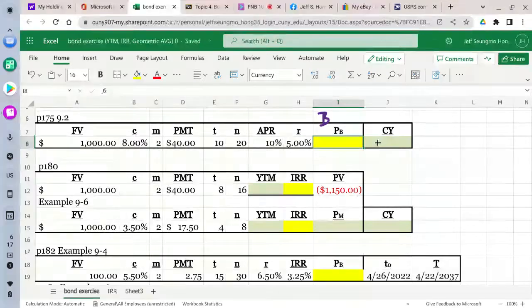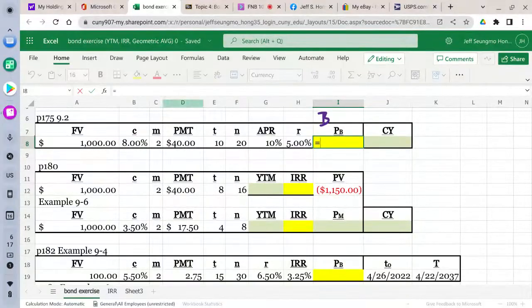So let's find the bond price, which is then what? Payment over R minus payment over R times 1 plus R raised to N. Now, this is only the annuity part.